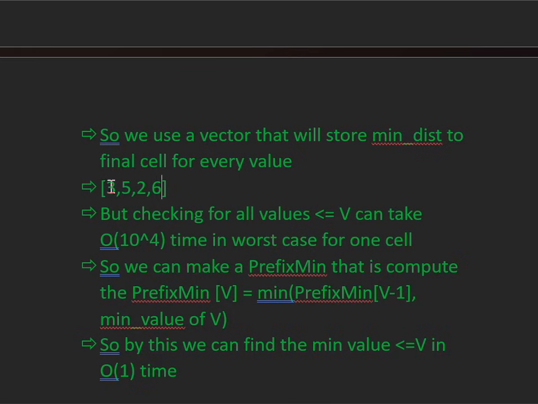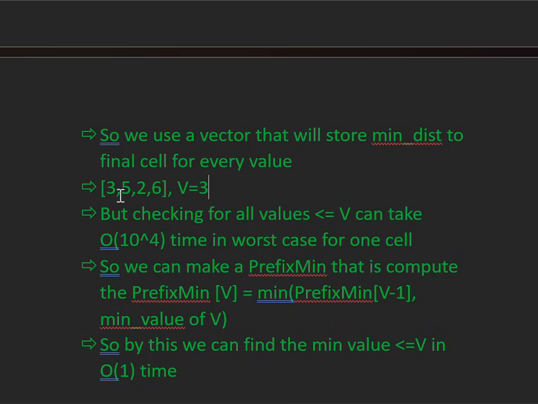Suppose right now we have this array, and our current value is 3. Then what are the values that we can go to? Current value is 3, so we can go to those cells whose value is less than 3, meaning 0, 1, 2.